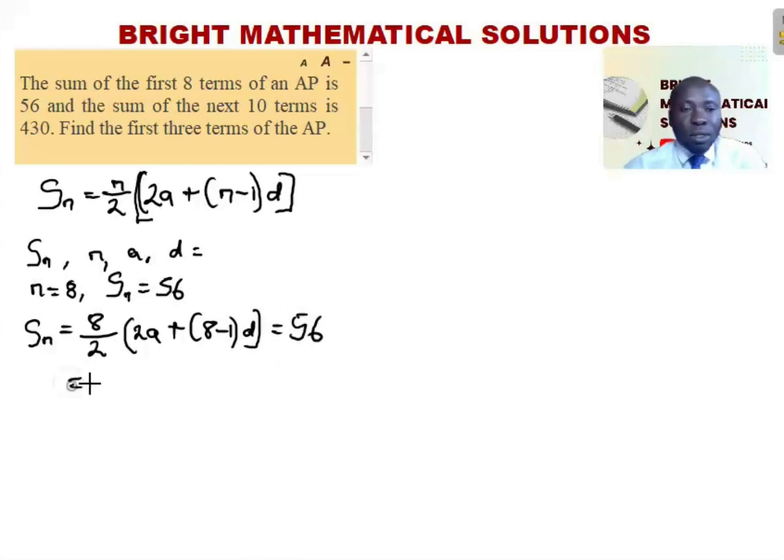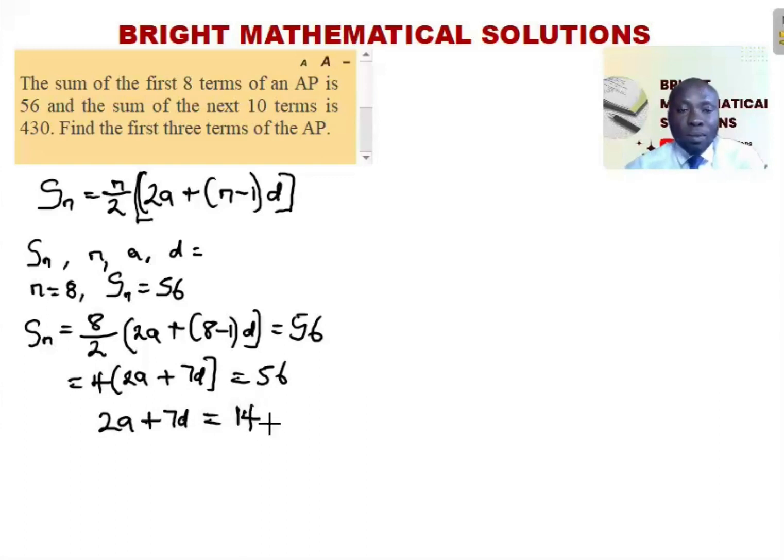So this becomes 4 into (2a plus 7d) equals 56. Let us divide through by 4, such that this becomes 2a plus 7d equals 56 divided by 4. That gives us 14. Let us call this equation 1.